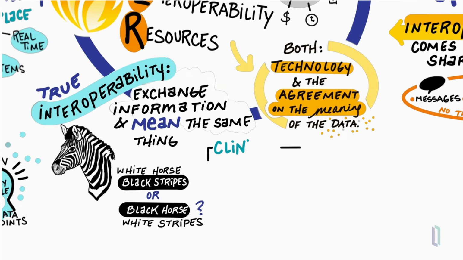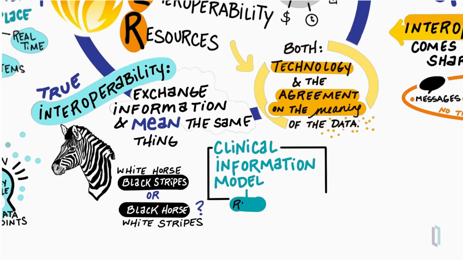It's true that we could program our system to understand that they're the same thing. But in healthcare, there are many data concepts that have two or more possible meanings, and we can't possibly program all the systems to understand those multiple meanings. So that's where the idea of a clinical information model comes in.